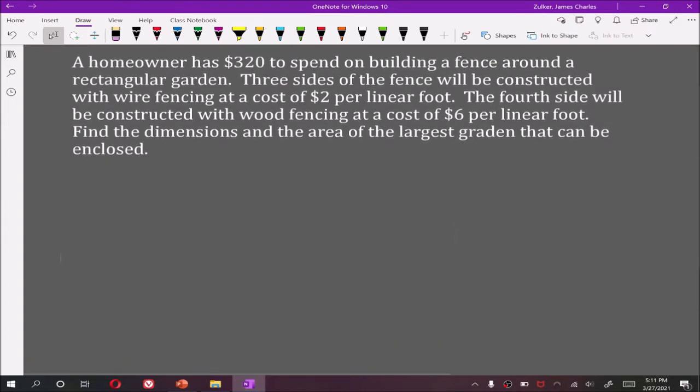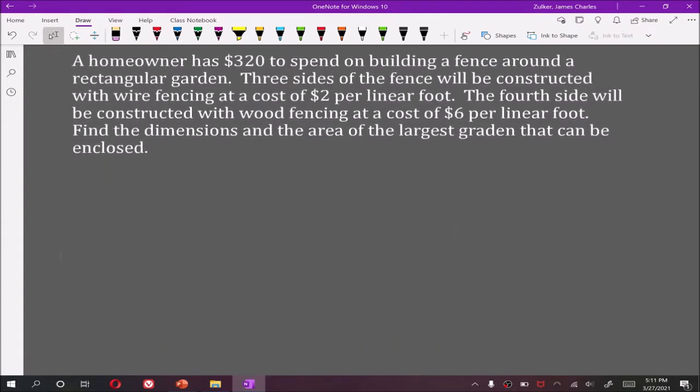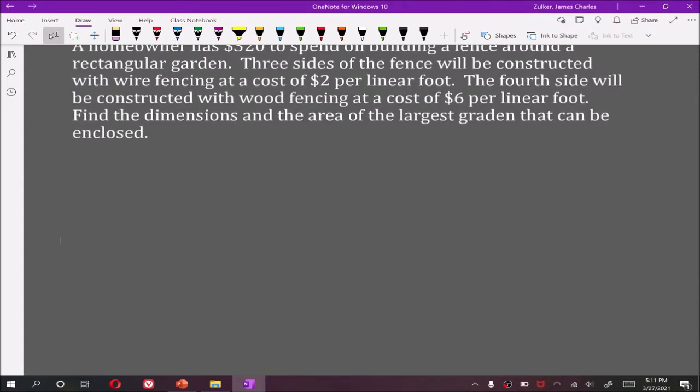All right, so the first thing is let's try and draw a picture. And so what we'll do is we'll say, okay, let the blue be what'll be $2 per linear foot. This will be the wire fencing. And we'll say the green is the wood fencing.